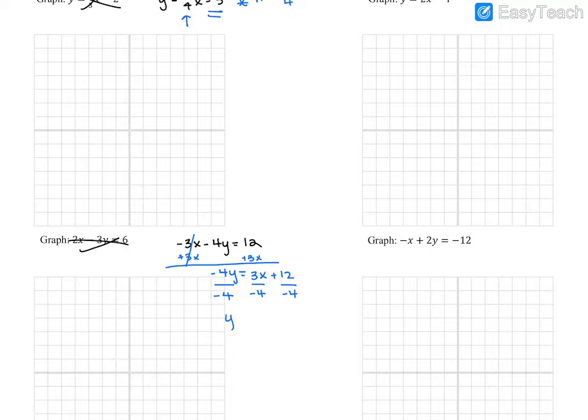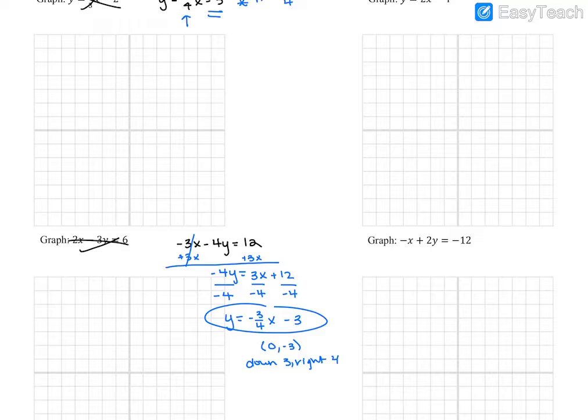And what I'll get is y equals -3/4 x minus 3. So I just explained to you how we would go about graphing that. This one has a y-intercept at 0, -3. And the slope is moving down 3, right 4. So I would be able to go through and plot that.